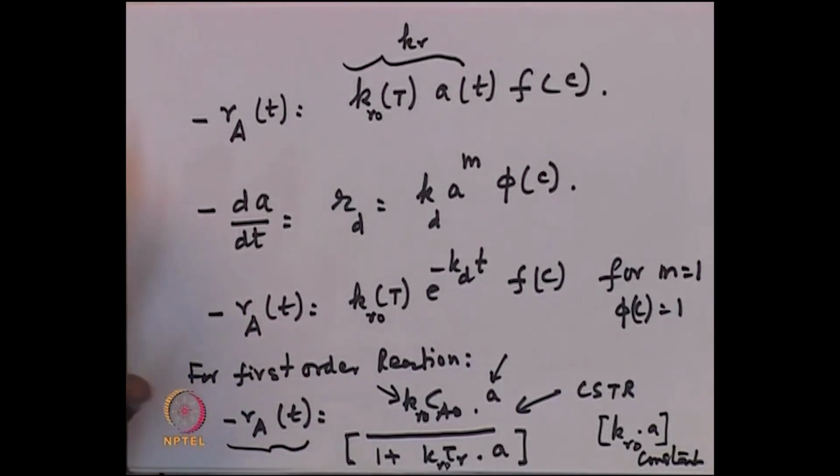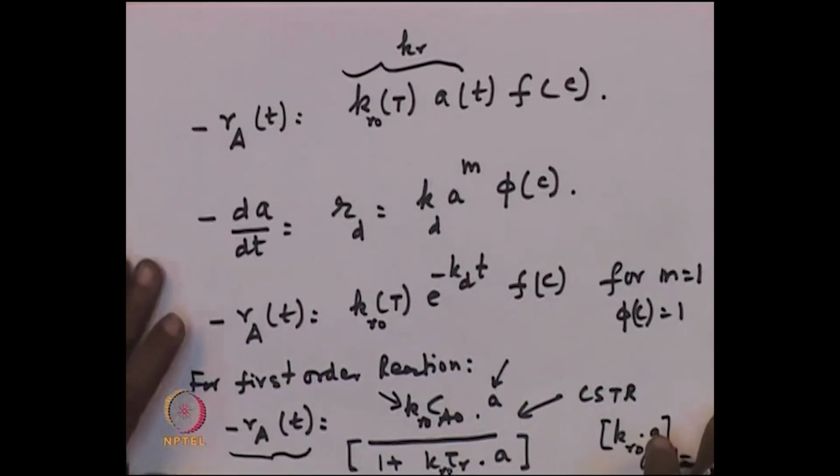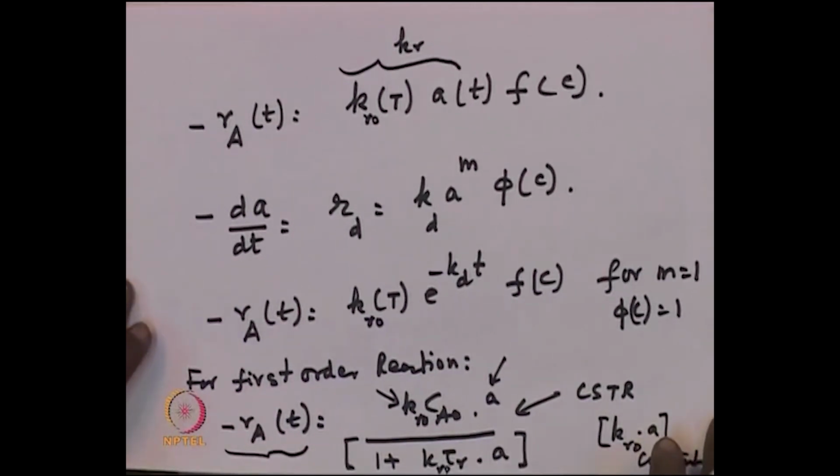A might decrease, but can we increase Kr0 so that it is able to compensate for the loss of activity? This is the point that we would like to investigate, understand, and see how best we can integrate these ideas into a design. Let us go forward.